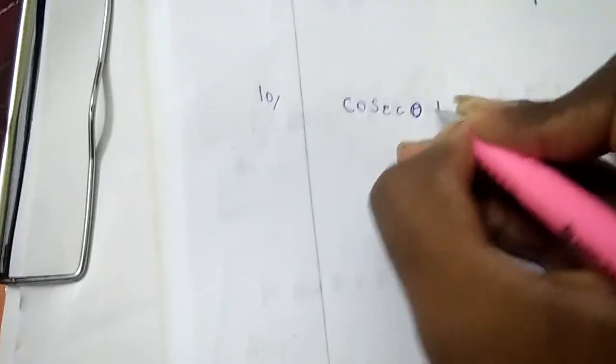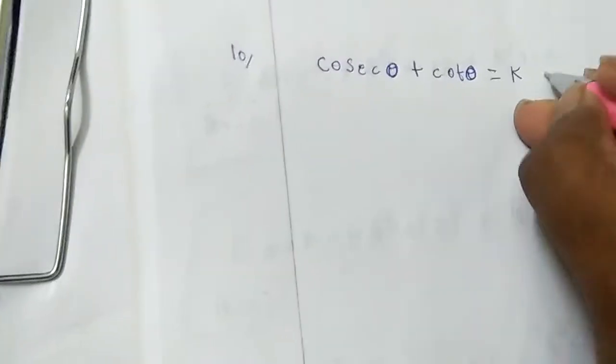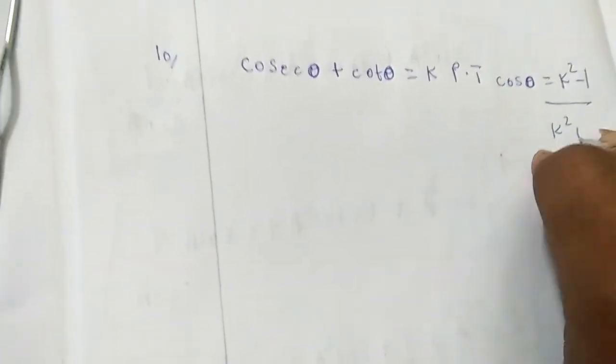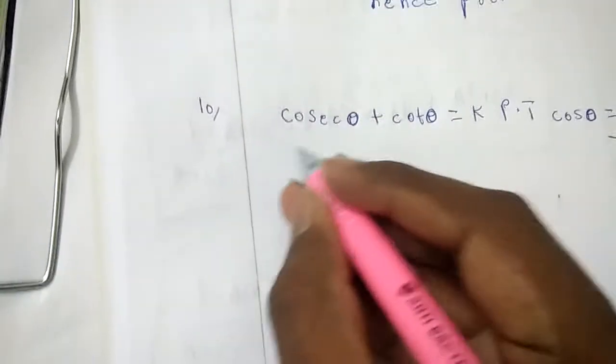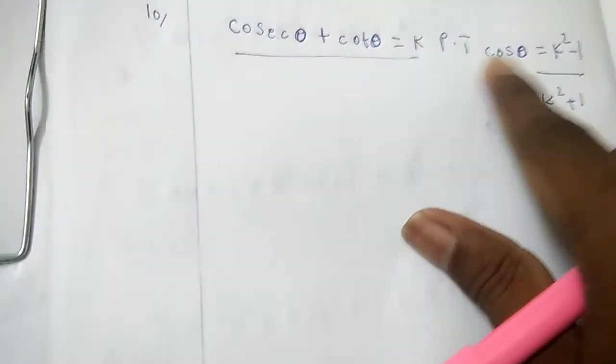Cosec theta plus cot theta is equal to k. Prove that cos theta is equal to k square minus 1 by k square plus 1.